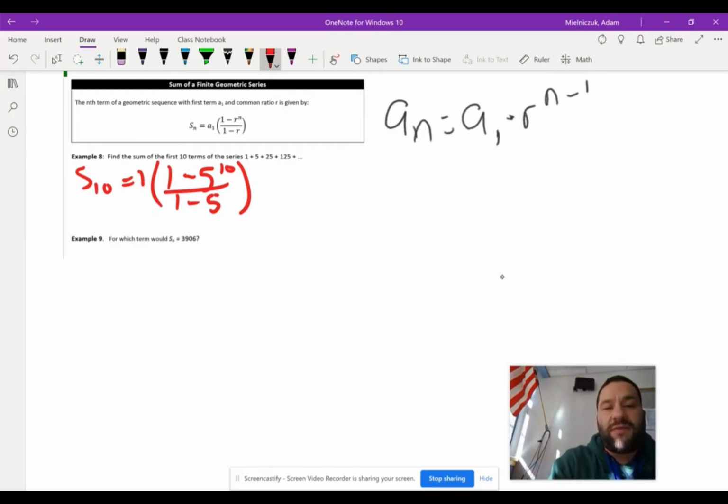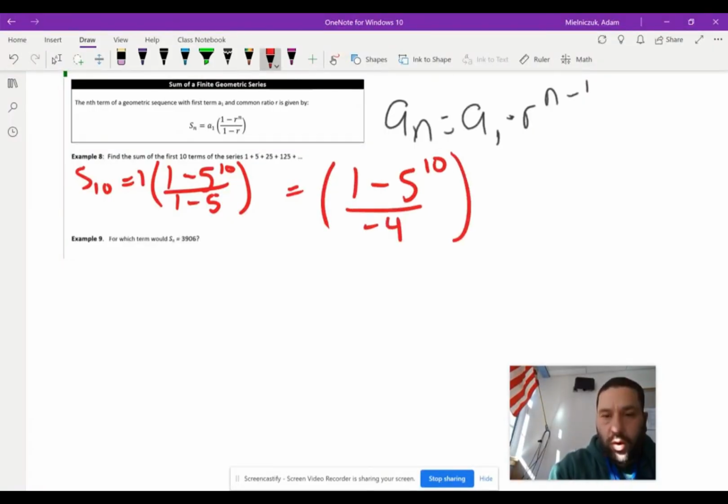So when we simplify this, we don't need the 1 in front, so it's just going to become what's in the parentheses. So it's going to be 1 minus 5 to the 10th over negative 4.